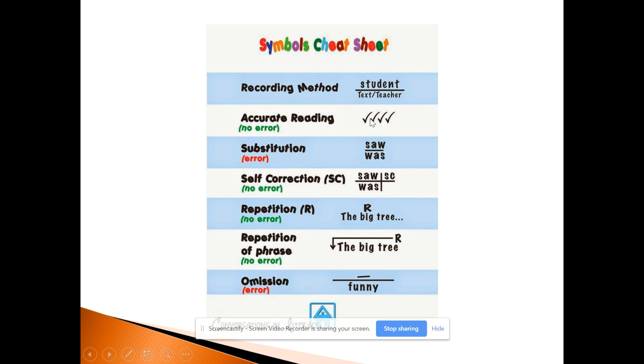You use check marks for all of the words that are accurately read. The student may make a substitution error, a self-correction, a repetition error, a repetition of phrase error, or even an omission. And there are a couple of other errors that we're going to focus on as well. This one's just to give you an idea of what these look like as you're coding your running record.